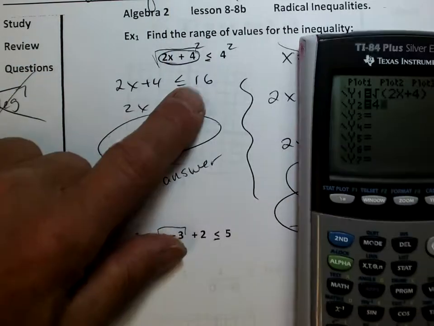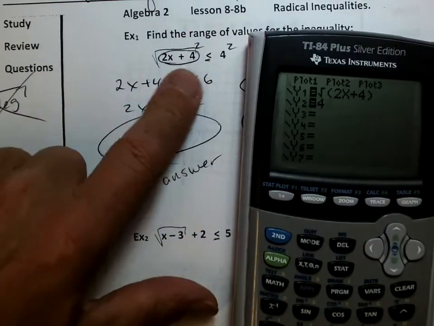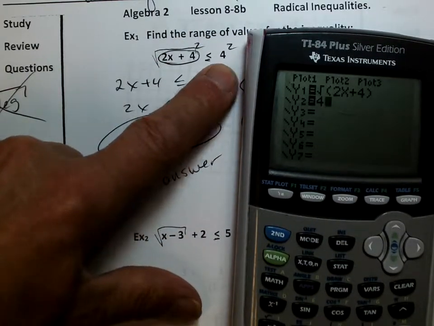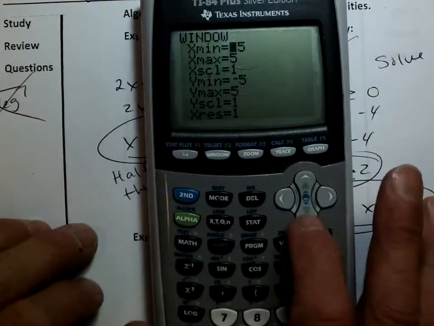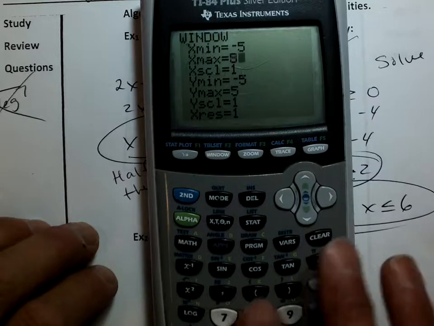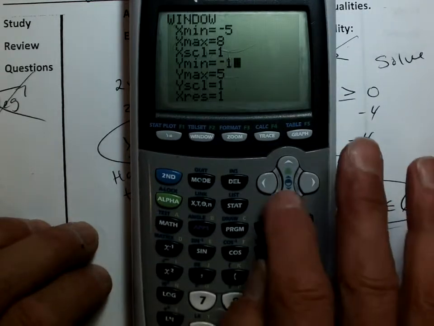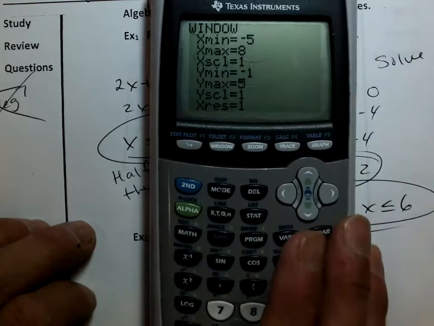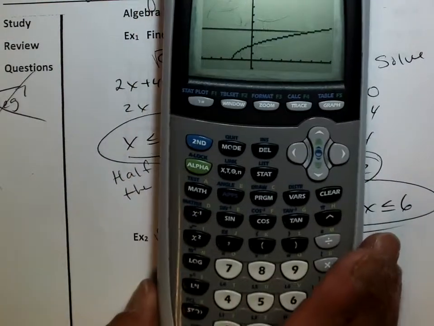I've got the square root of 2x plus 4, and I've got the value of 4, okay? And I want to find out when this graph is less than 4. So let me change my window real quickly. -5 to, let me make this about an 8, and a -1 to, if I plug in 6, let's try 10, okay? Let's graph this.